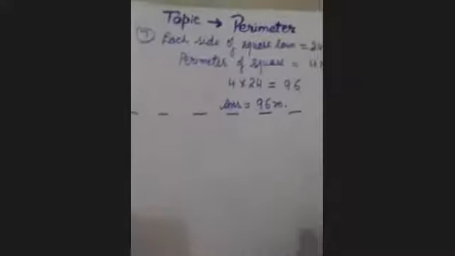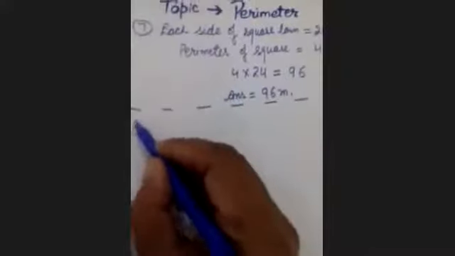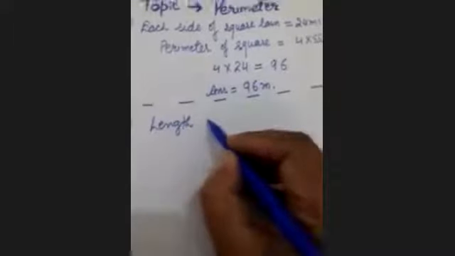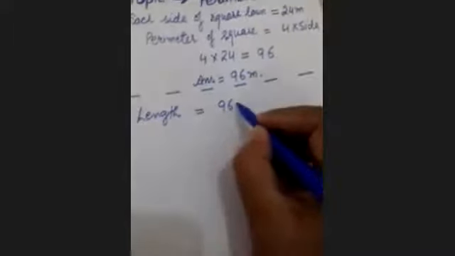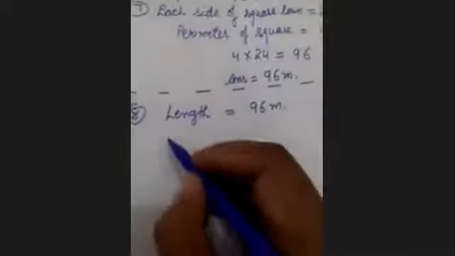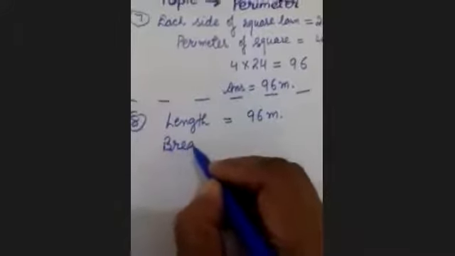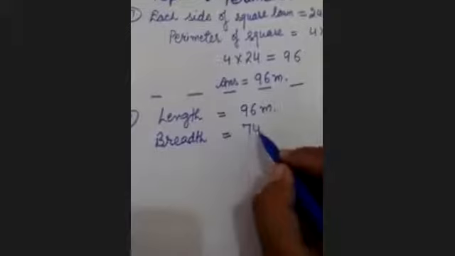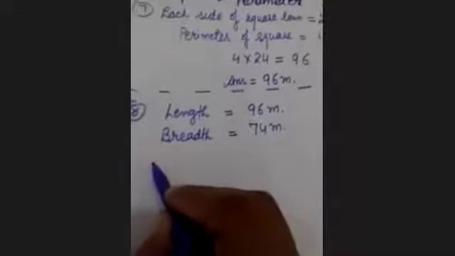Now, 8th question, length is 96 meter and breadth, width is 74 meter. Now find the perimeter of this rectangle.